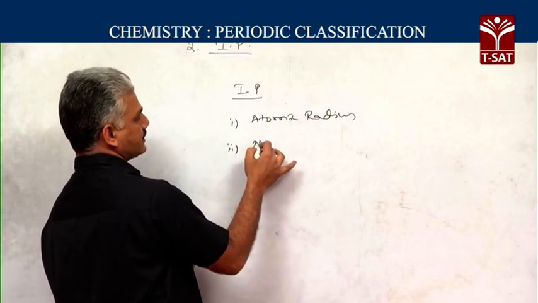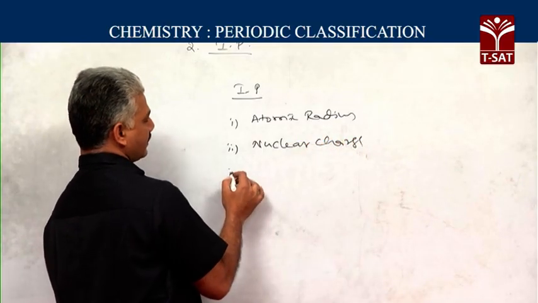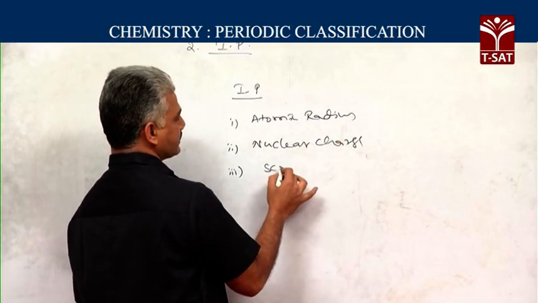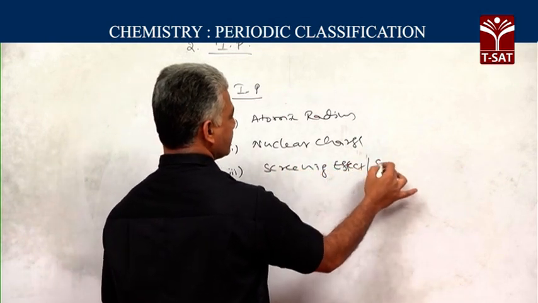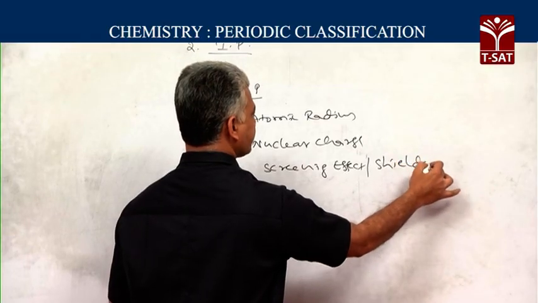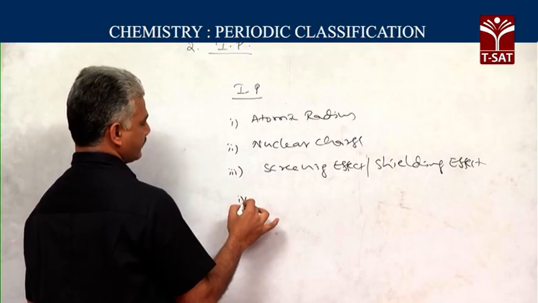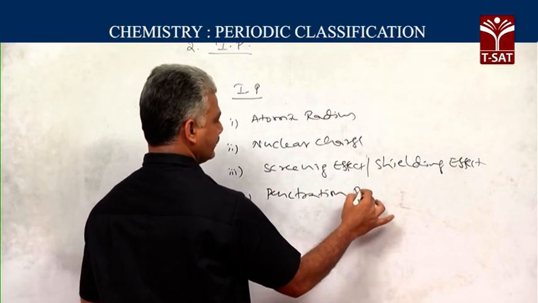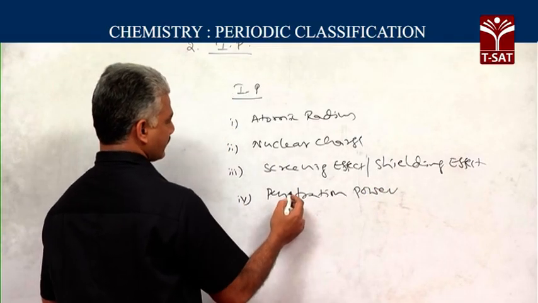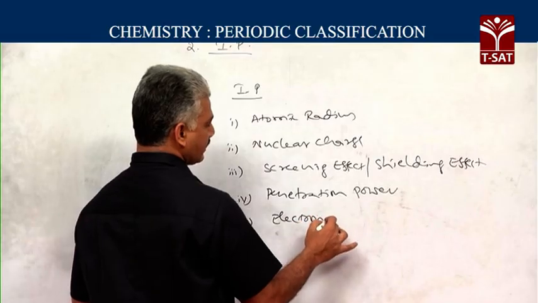Second factor is nuclear charge. Third factor is screening effect, also called as shielding effect. Fourth is penetration power, and fifth factor is electronic configuration.